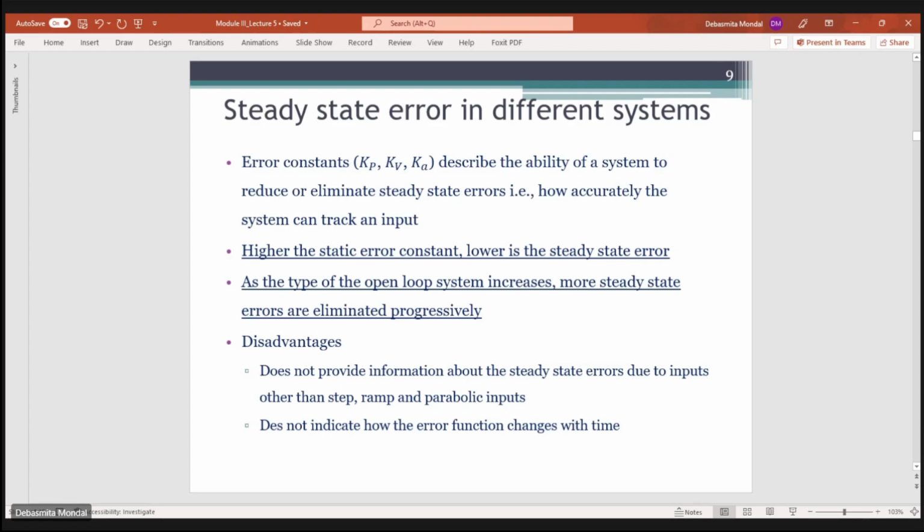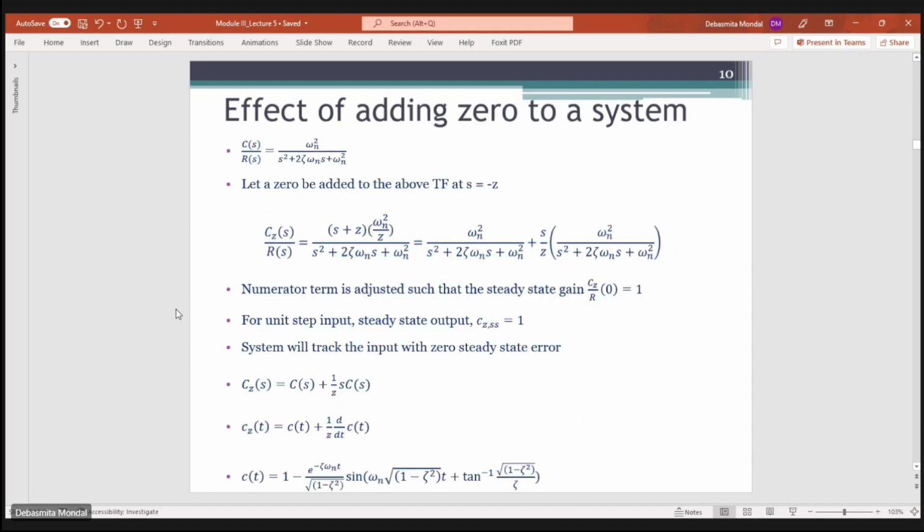But you still need these values, because whenever you are designing a system, one of the main aims should be that the steady state error is as low as possible. So these are the steady state error constants present in different kinds of systems.